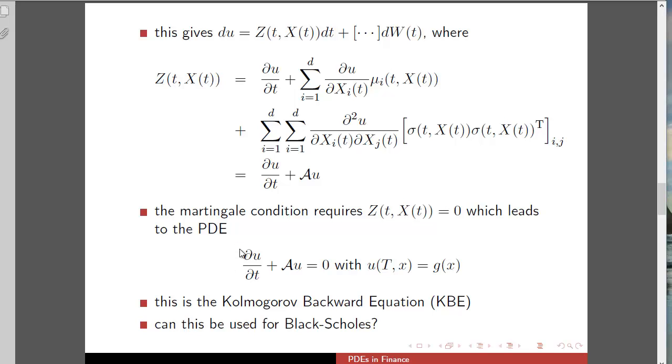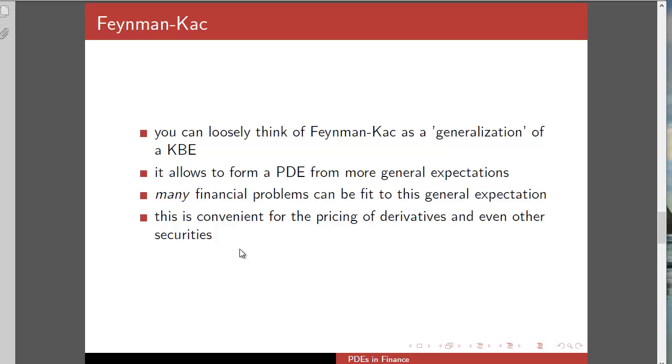Okay, and this is what the Feynman-Kac theorem will give us. So what's Feynman-Kac? The result of Feynman-Kac, you can think of it quite loosely as a generalization of the KBE.